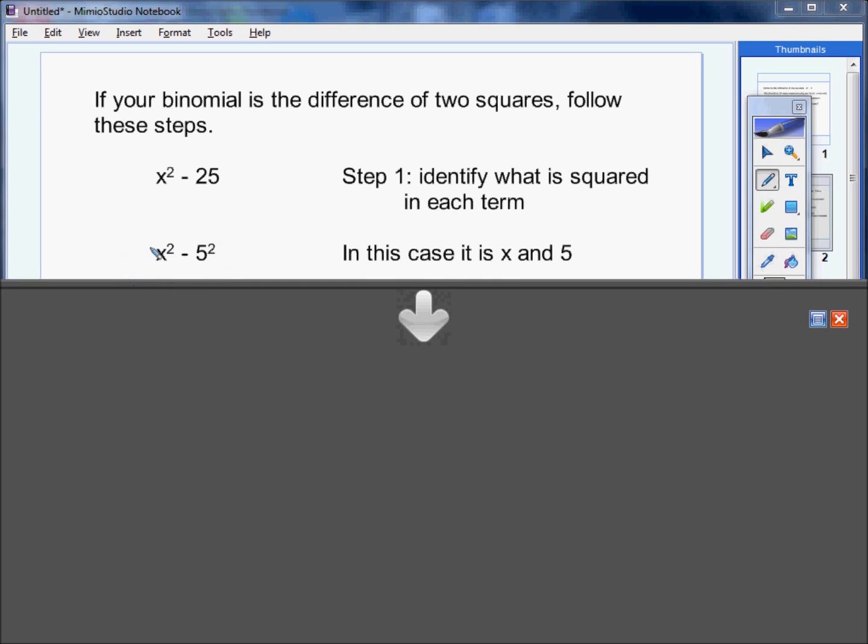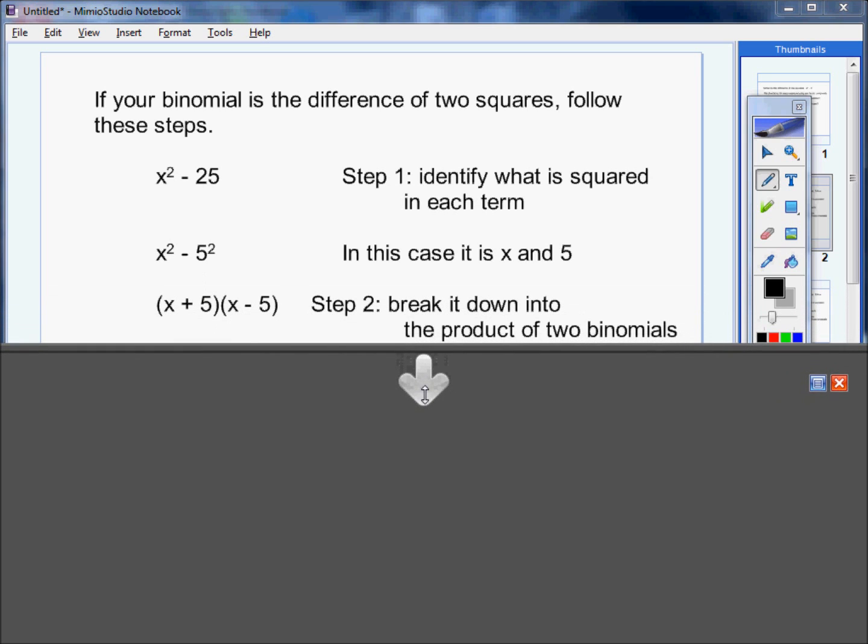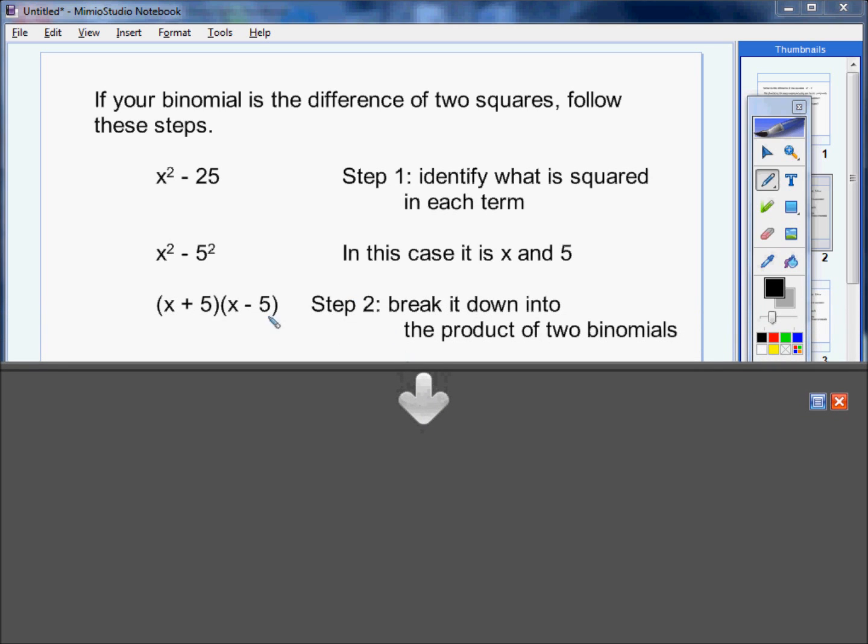You're probably not going to actually write this step, but I'm showing you as a step so when you look at your notes, you know what the thought process is. So this is x times x. This is 5 times 5. Now, the second step is to break it into the product of two binomials.